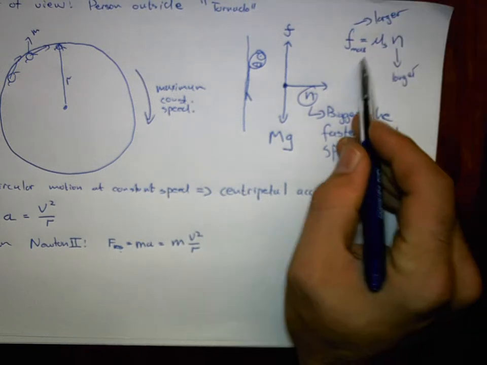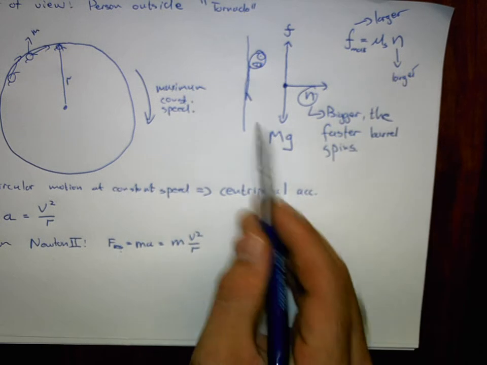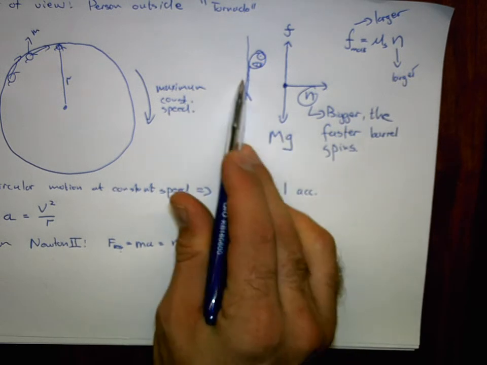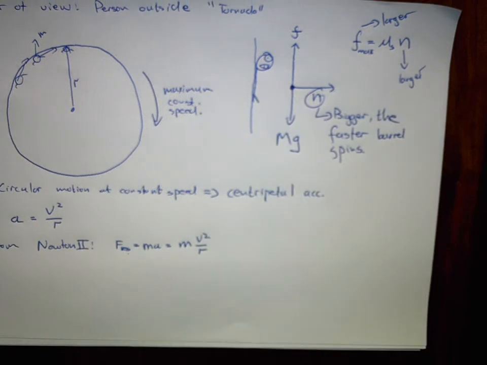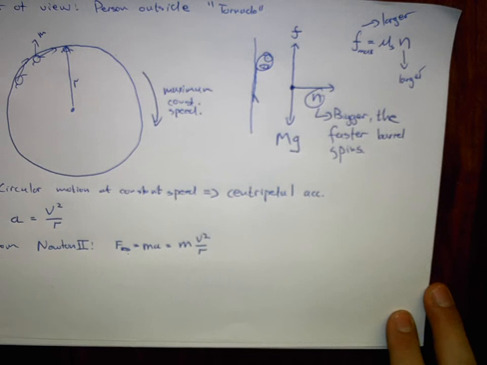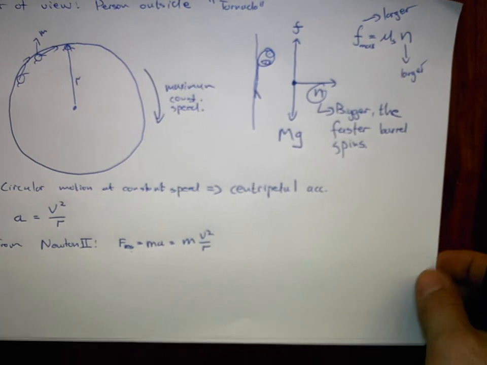And at some point, this is large enough to counteract the weight of this person. So the floor can drop away and that person will stay just right there against the wall, as you saw in the video, stuck, almost as if with super glue.